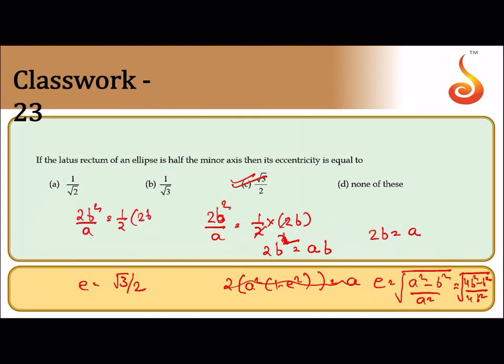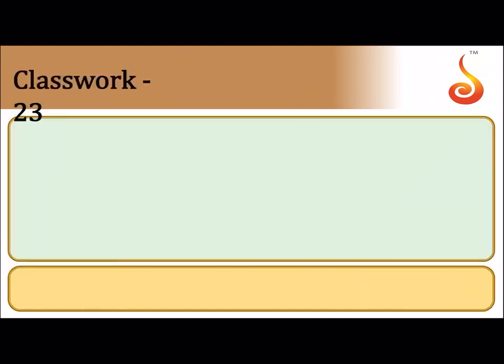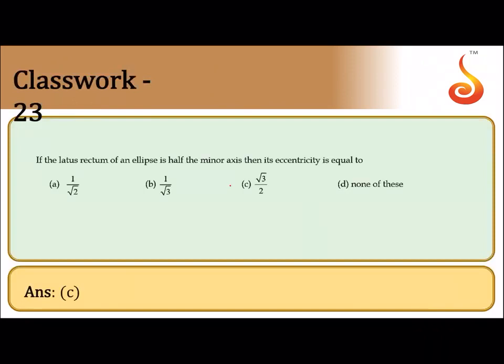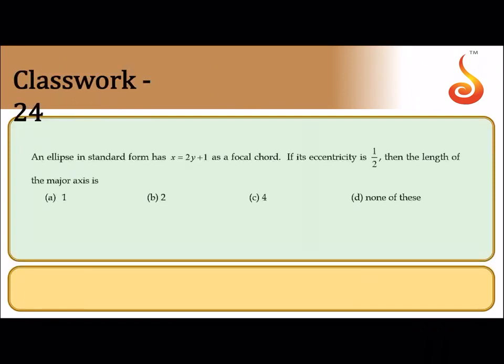So I repeat once again, the length of latus rectum is 2b square by A, which is equal to half of 2b. So from this we get E is equal to root 3 by 2. So option C is correct.